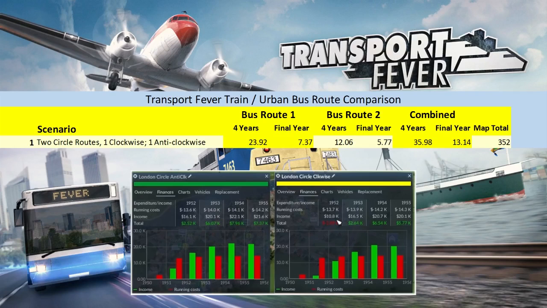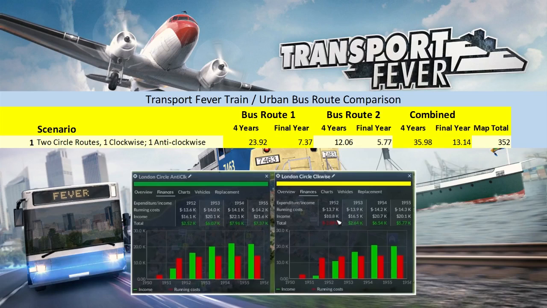So my initial routing plan that I've brought in from Train Fever looks reasonably good. Now what I've done here to get a comparison of how profitable the routes are over time, and it's not just a 1 year snapshot, is I've combined the profit over the last 4 years as well as for the last year of the scenario, and I've also included just as a comparison, see what the impact might be on the whole map.